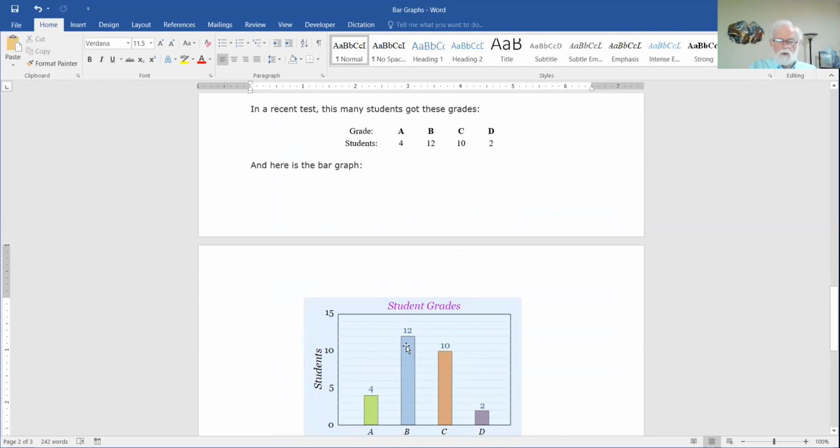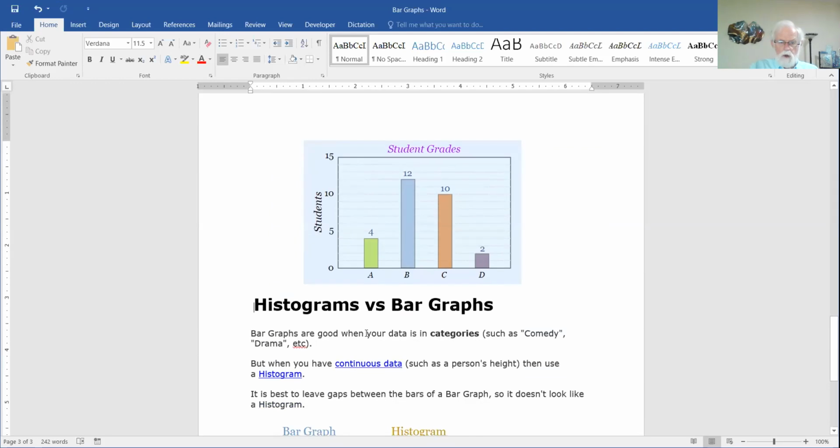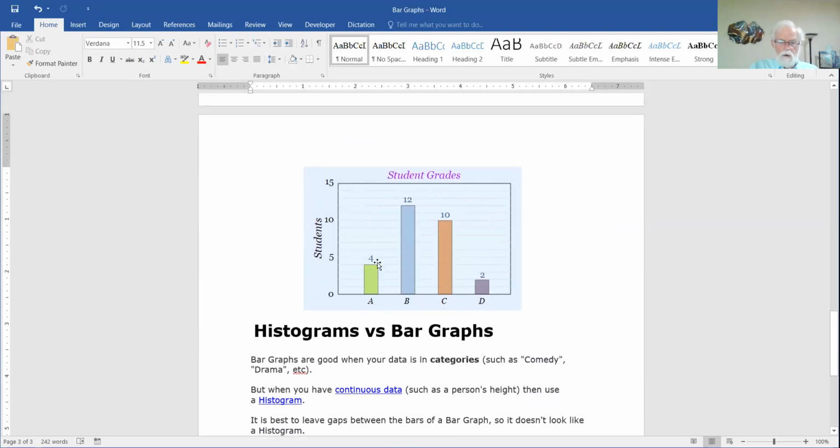They take up most of the data. So we can present it in this fashion, putting spaces in between the bars often will help differentiate them. But I want you to note that these are what we call discrete data.